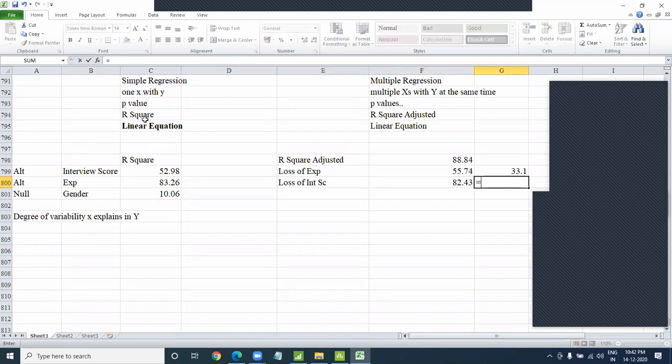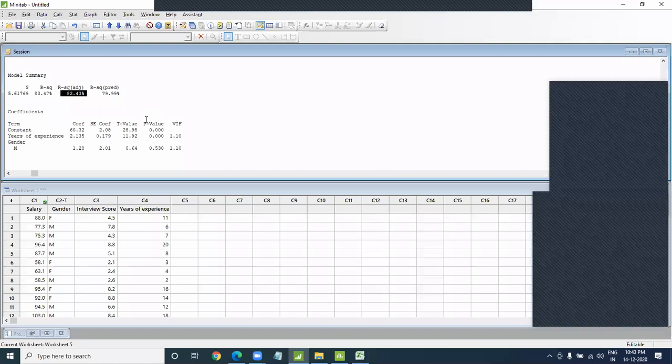Well, that is not a big drop the way we saw in experience. I'm not saying it's small, but it's relatively very small. 6.41%. It's not a small one, but no way you can compare it. So experience is definitely a very big root cause and has a great deal of influence on the salary decision as compared with the interview score. Well, that's kind of what both of them are, alternate.